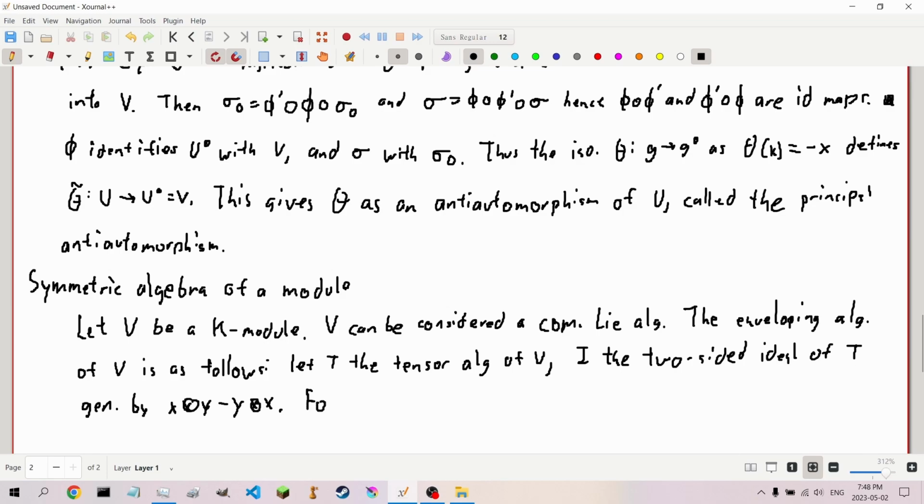So we then form S to be the quotient of T by I, which is called the symmetric algebra.